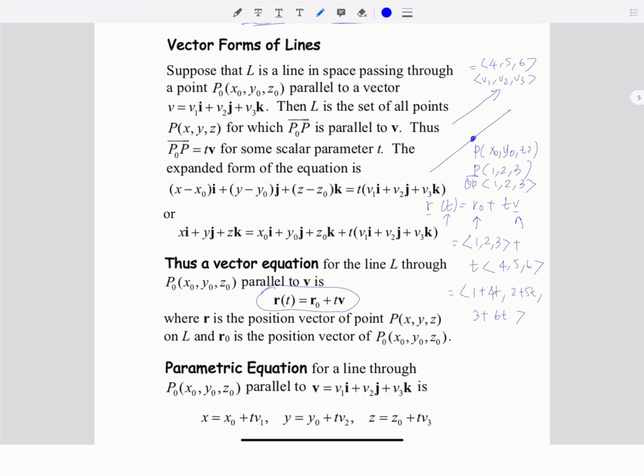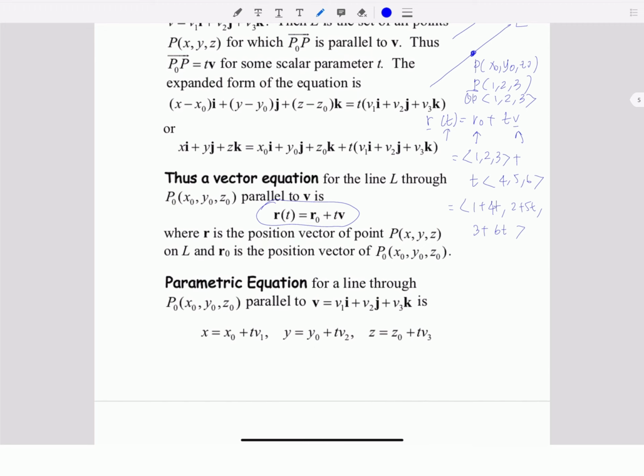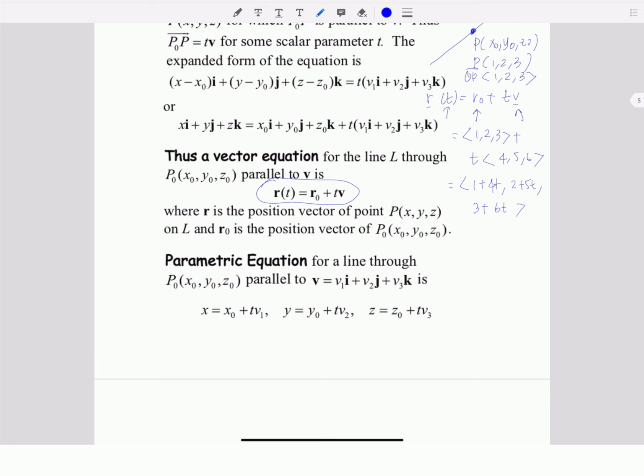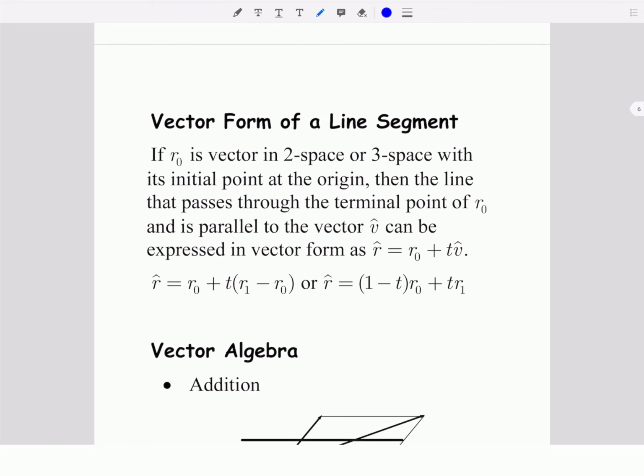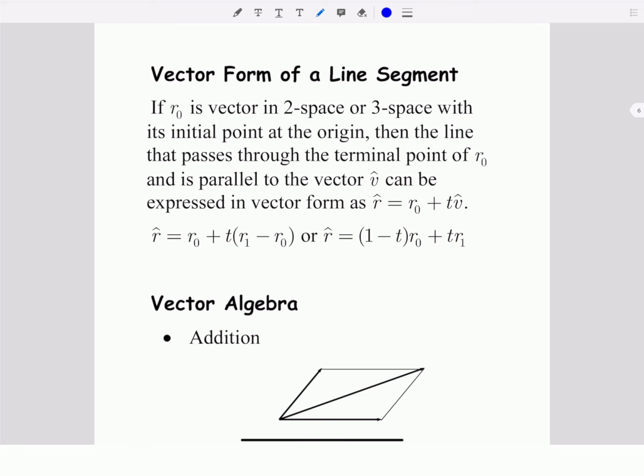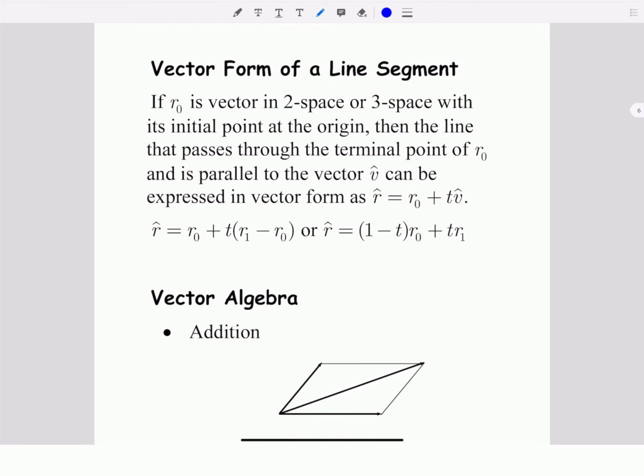This is the vector equation for the line L. We can also write it in the form of a parametric equation: this vector equation becomes x equals 1 plus 4t, y equals 2 plus 5t, z equals 3 plus 6t. So we have looked at the vector form of a line.